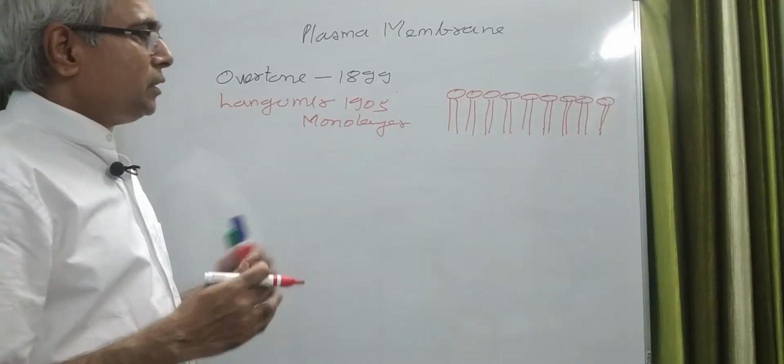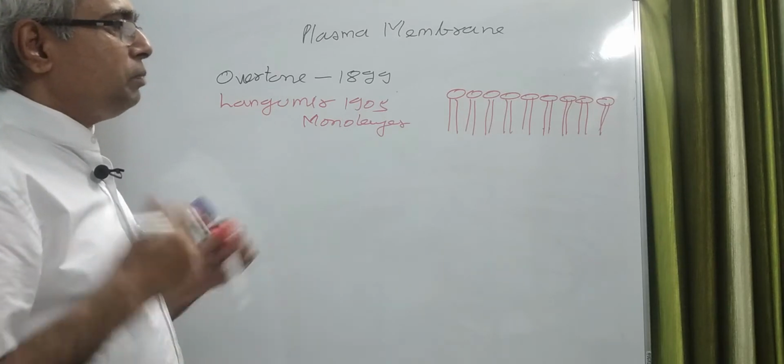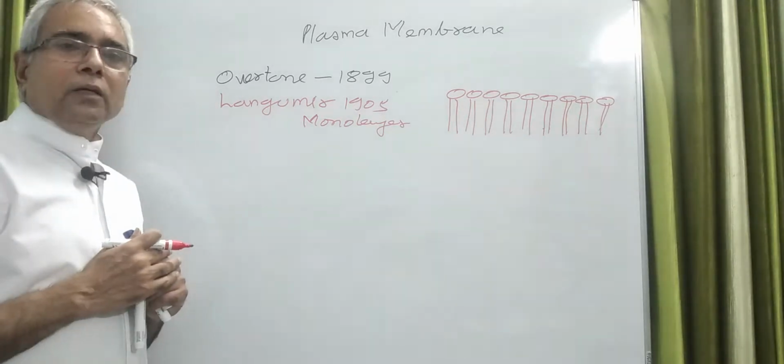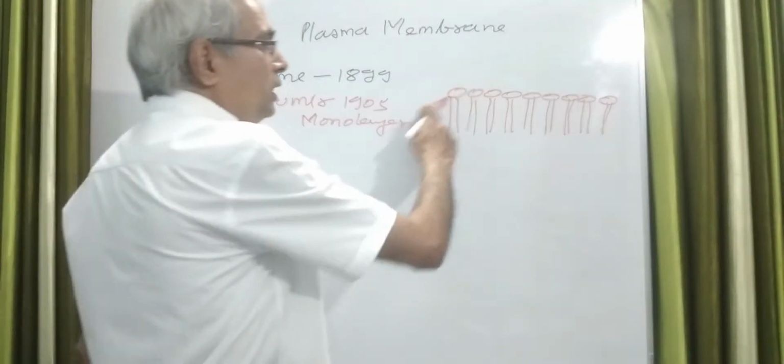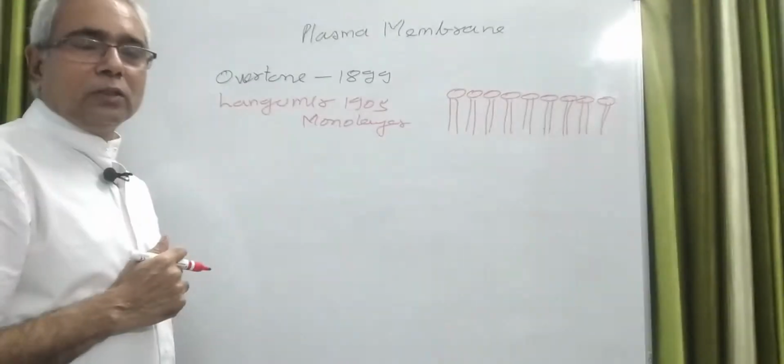But later it was found that the amount of lipid present in the membrane is much more than is needed to form a single layer around the cell.